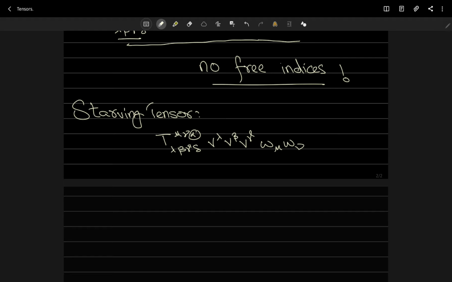So you skip this α, and that is why it's called a starving tensor. You have to feed it one more index to make it a well-defined tensor, but right now it is missing one of the indices. This thing would simply be equal to f_{αδ}, because those are the indices that we are missing. We don't have an α in this one, and we don't have a δ for the ordinary vector space.